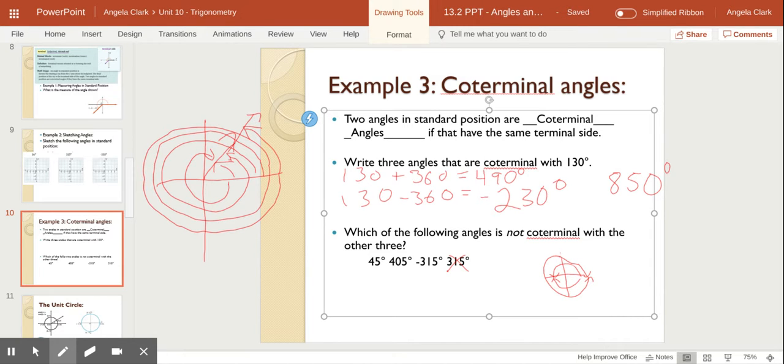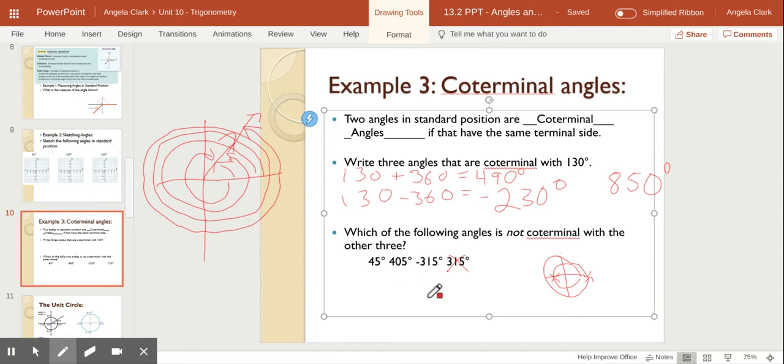Because again, if I add 360, I can define those in an infinite number of ways. But positive 180 equals negative 180, and positive 360 equals negative 360. Other than those and all of their coterminal angles, the positive and negative with the same degree measure is not going to be the same angle.